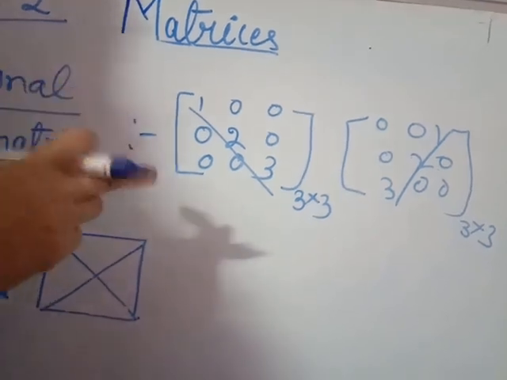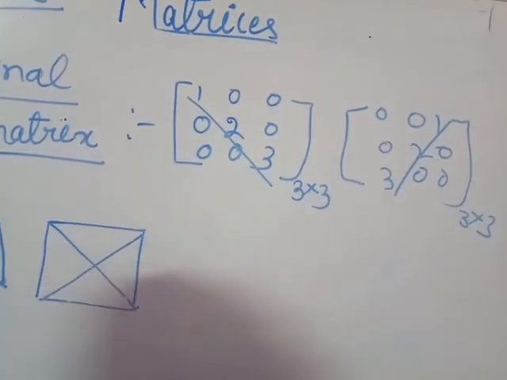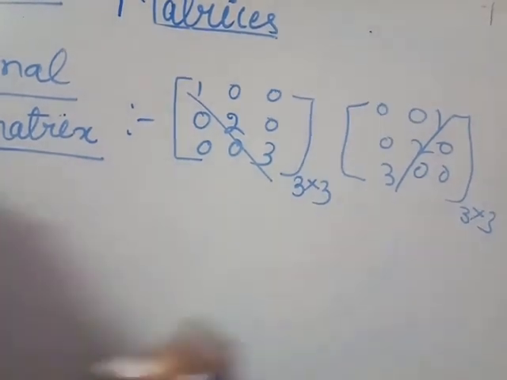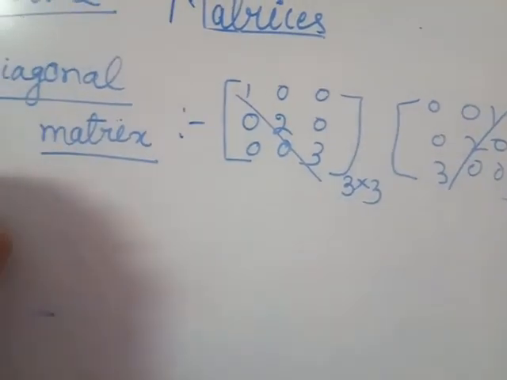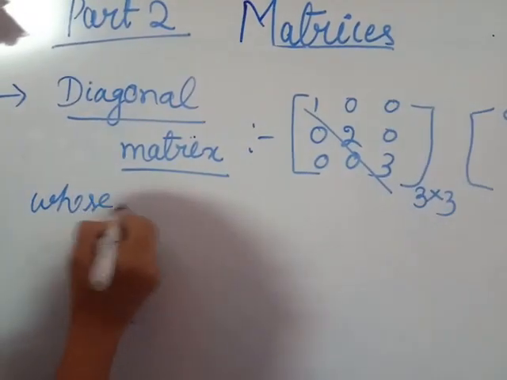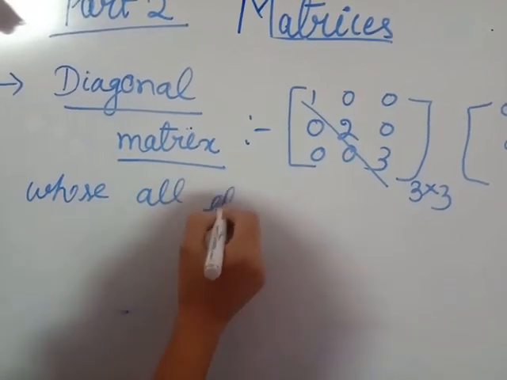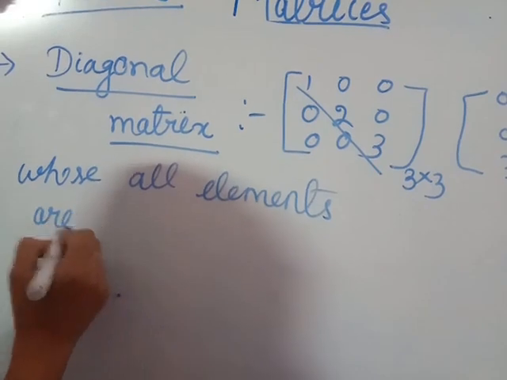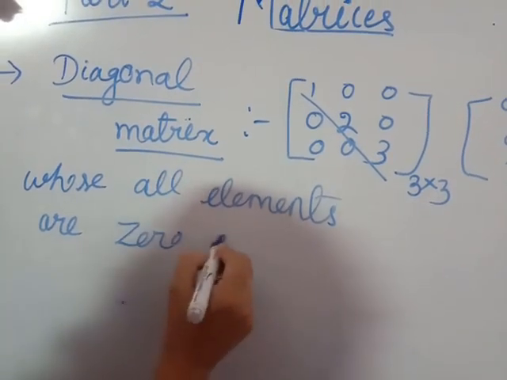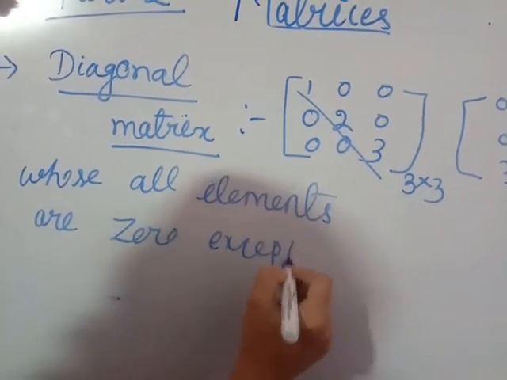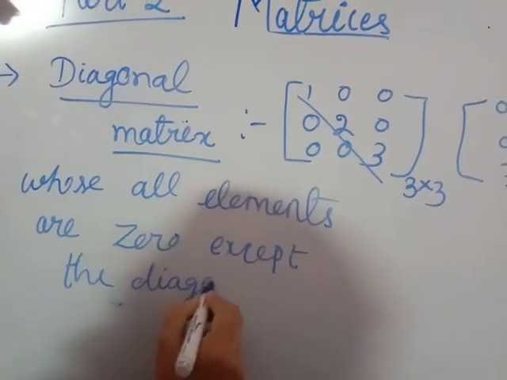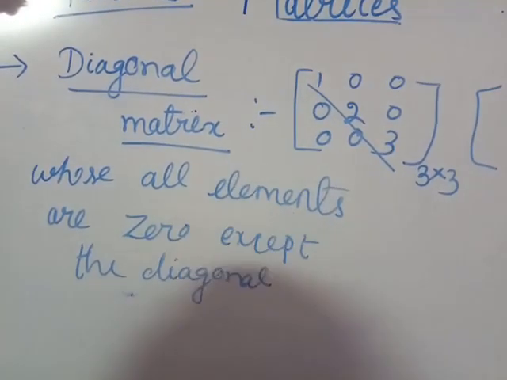Now the definition of the diagonal matrix: whose all elements are 0 except the diagonal, that time it is called the diagonal matrix.